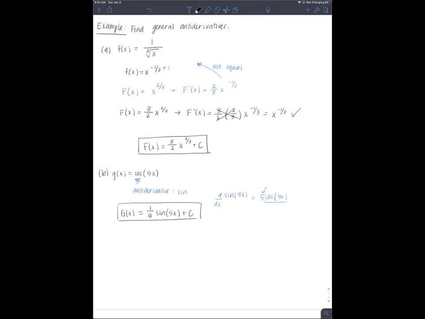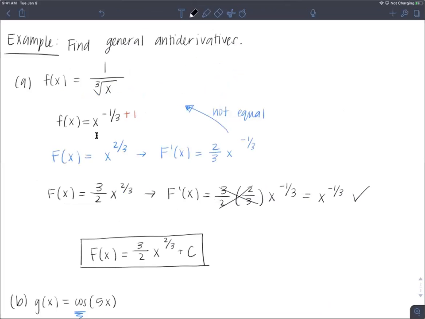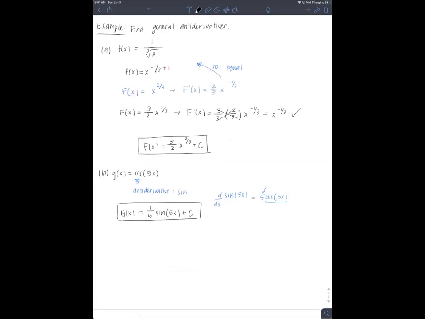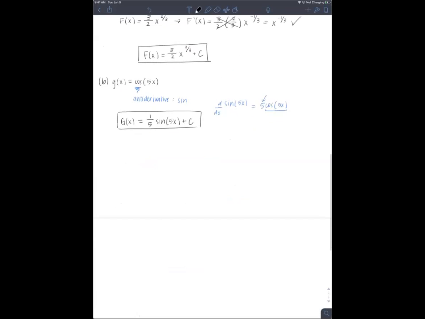Are there any questions about this example? Okay. So then for part C, sorry. For part C, what we're going to look at is little h is going to equal e to the power of 4x.